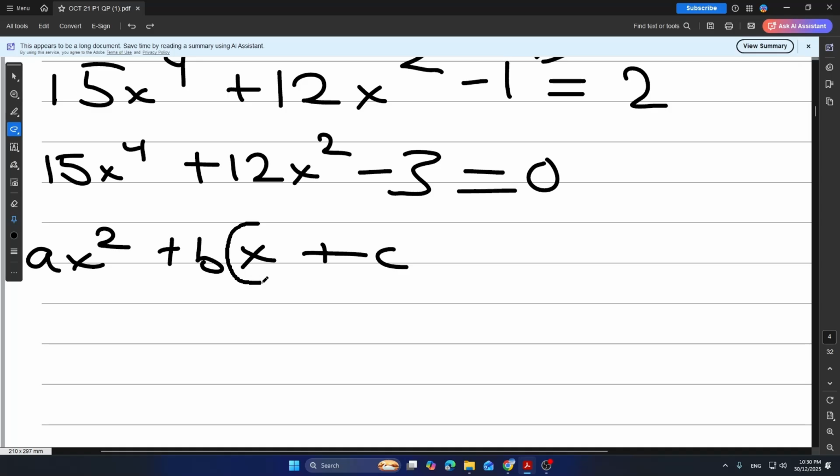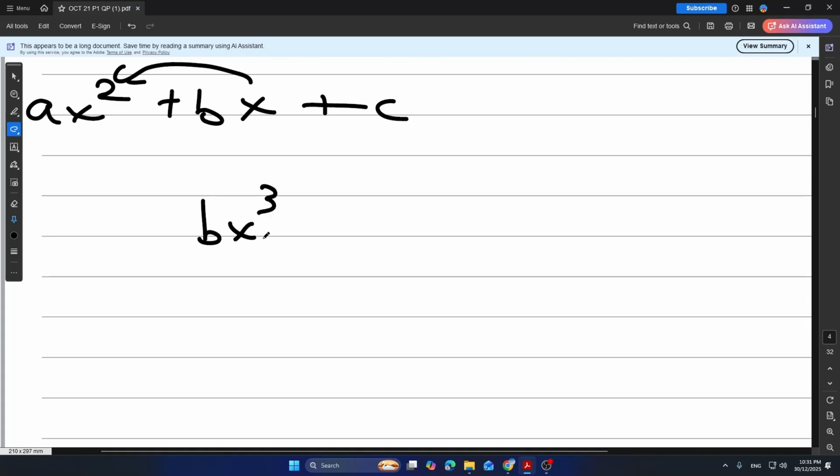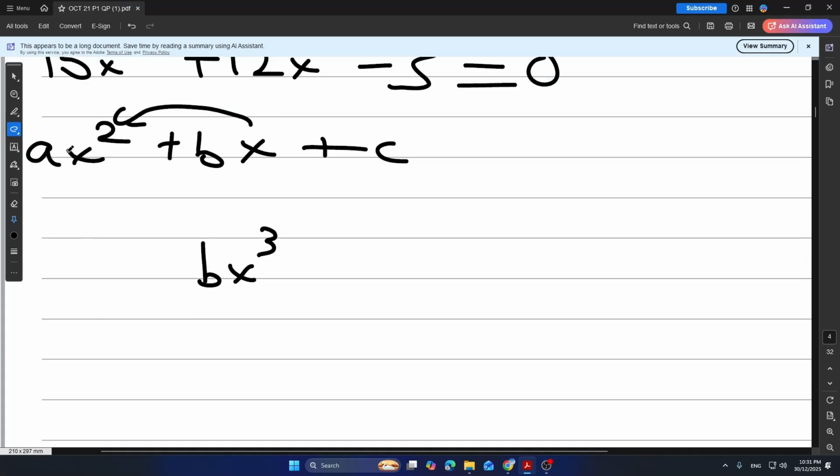Whatever value to any power here, if this term is this term squared, for example, if bx was bx to the power 3, then for this to be a quadratic, ax has to be ax to the power 6. You understand?